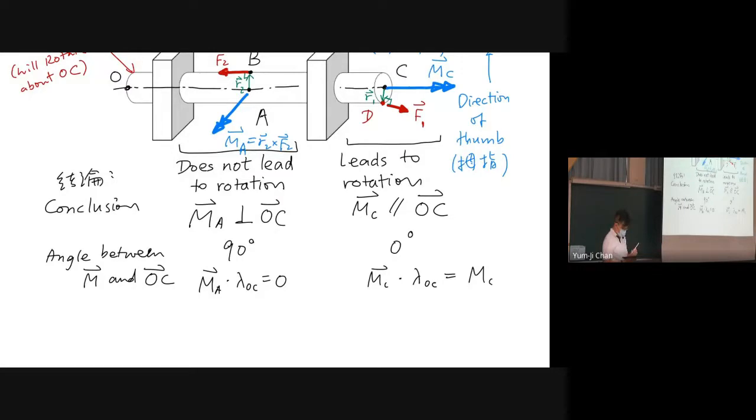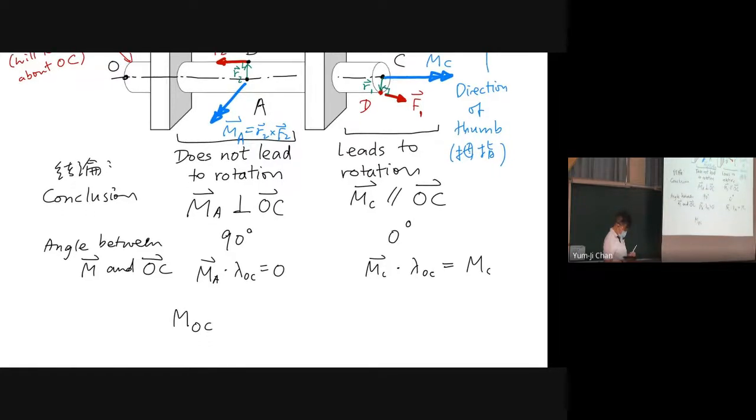So we define a term called FOC. Let me first write it down, and I will stop here after I write it down.